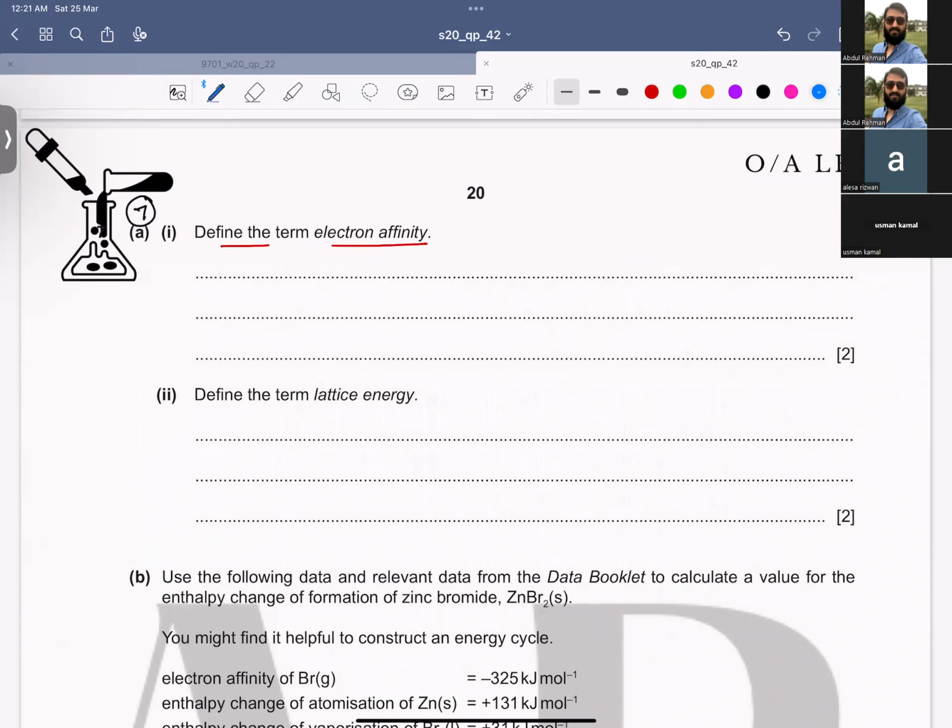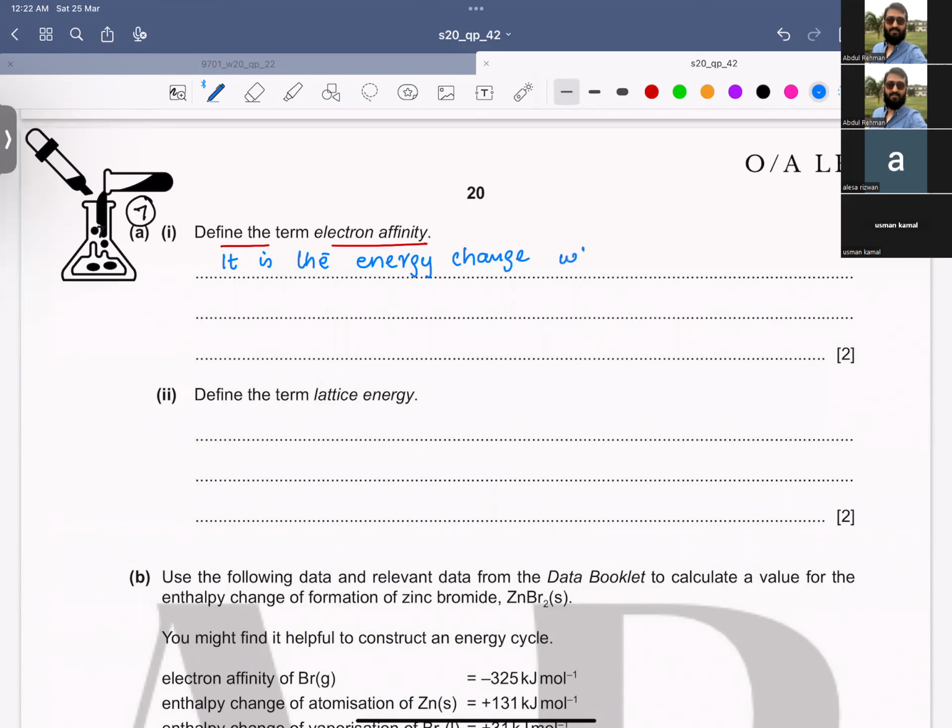So we can write, it is the energy change. Electron affinity, if you recall, it's linked with the gain of electron.